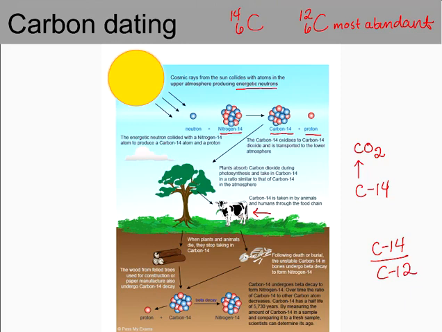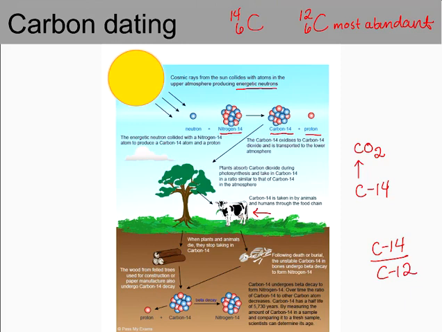It's not going to be replenished anymore. So carbon-14 is going to decay because it's radioactive, and we can compare the ratio of carbon-14 to carbon-12 from the cow to a healthy animal that's still alive and figure out, okay, how long has this cow been dead?